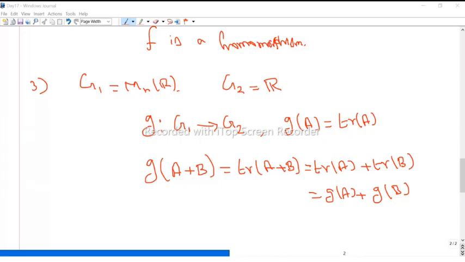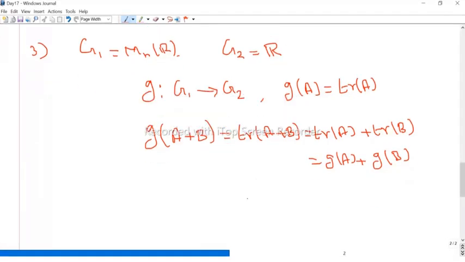Therefore, this g is also a homomorphism.